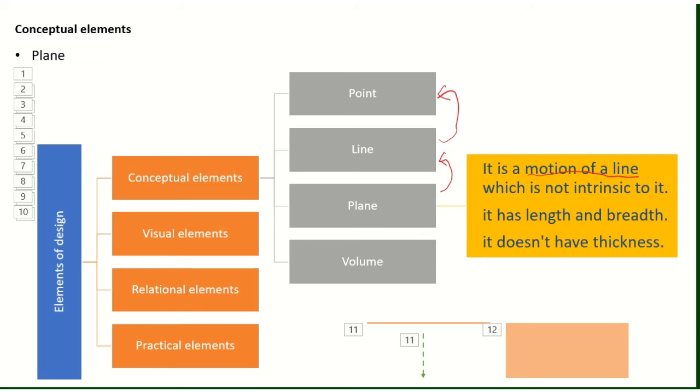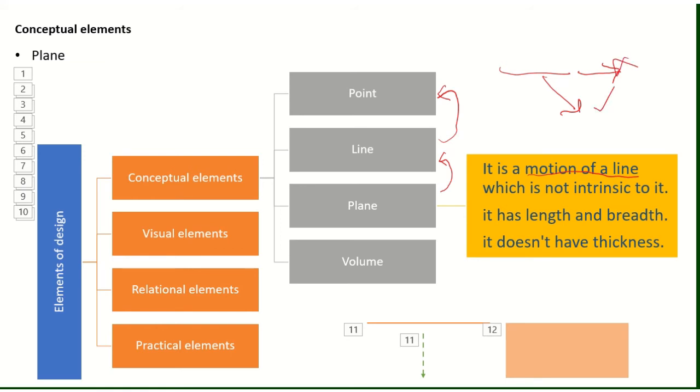There is an interrelation, but the motion is not intrinsic to it. For suppose a line is here like this. If it moves in this direction, then it cannot form a plane. So the motion of a line should not be intrinsic to it; it may be in any other direction except this direction.